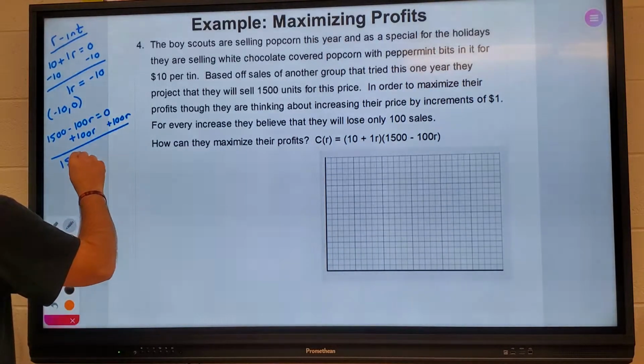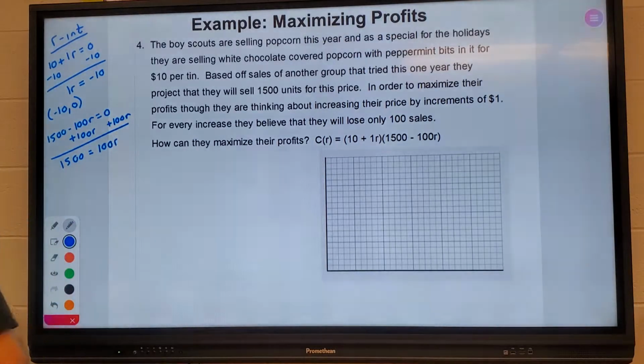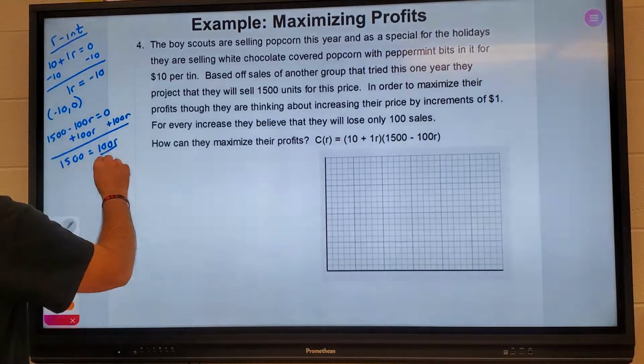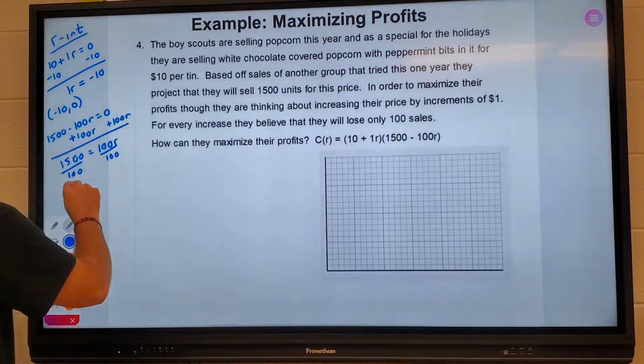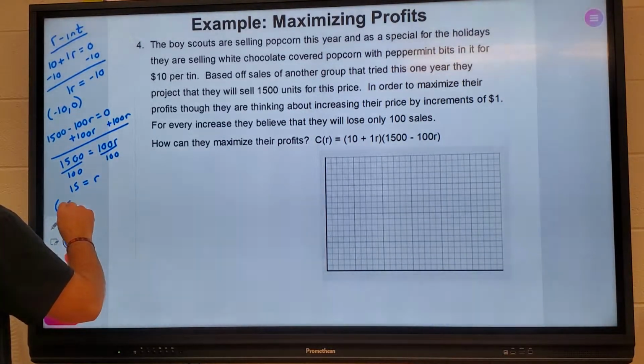It's going to give me 1,500 equals 100R. In order to get R by itself, I need to divide by 100 on both sides, which gives me 15 equals R, or the ordered pair 15, comma 0.